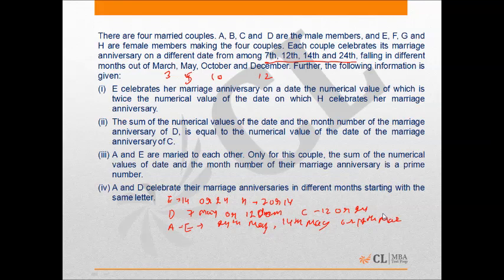In the last statement, it is given that A and D celebrate their marriage anniversaries in different months starting with the same letter. From here, it can be concluded that A and E celebrate their marriage anniversary on 14th March, and D on 7th May.